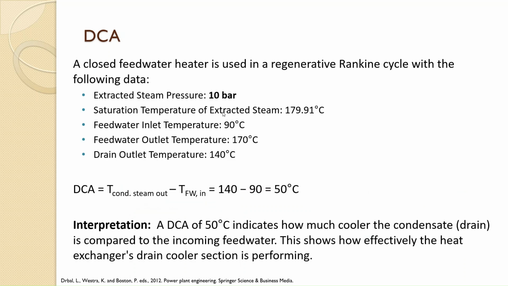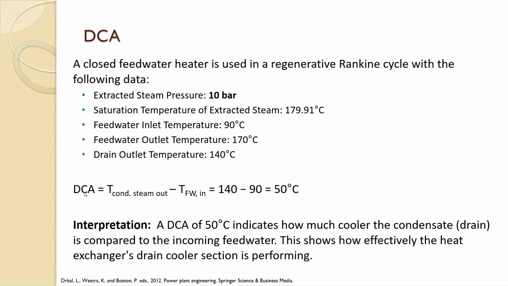So for the same example, if we have an extraction at 10 bar with a saturation temperature of 179.91, and this extraction goes to a closed feed water heater, the feed water inlet temperature is 90 degrees C, the feed water outlet temperature is 170 degrees C, and the drain outlet temperature is 140.